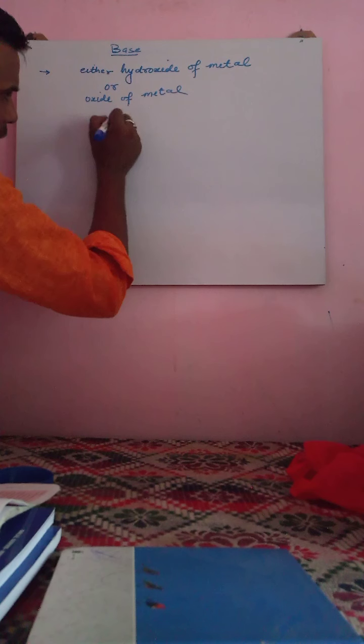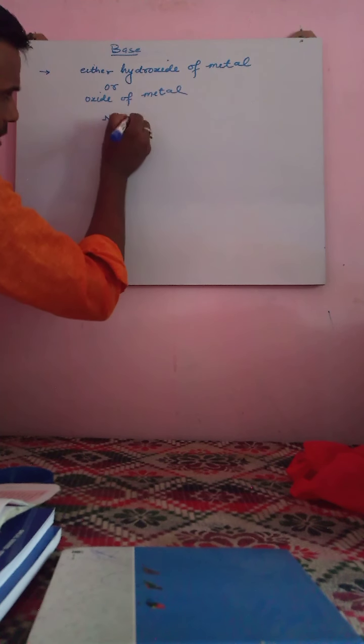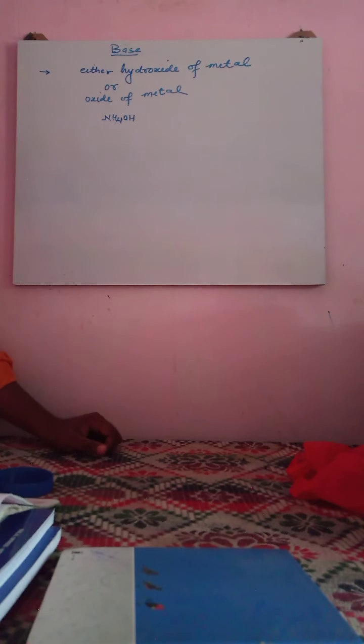Base is either hydroxide of metal or oxide of metal along with ammonium hydroxide, right? It means substances containing oxide radical or hydroxide radical are known as base.